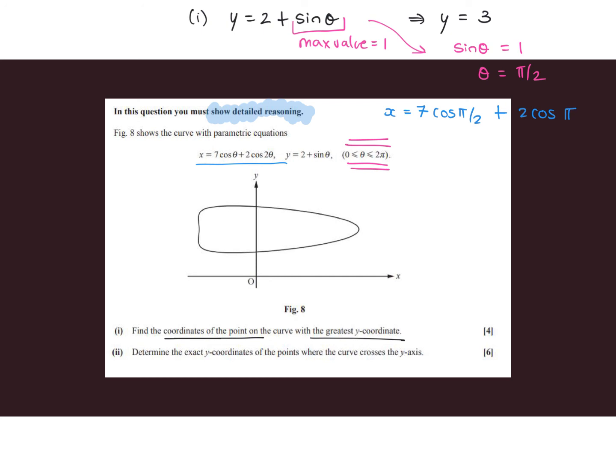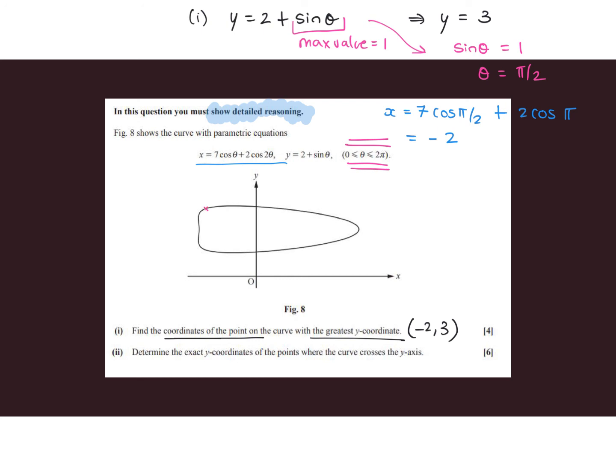Now, cos pi by 2 is 0, cos pi is negative 1, so that gives us negative 2. So the coordinates of the point on the curve with the greatest y coordinate are negative 2, 3. It's likely to be some sort of point which is probably about here.